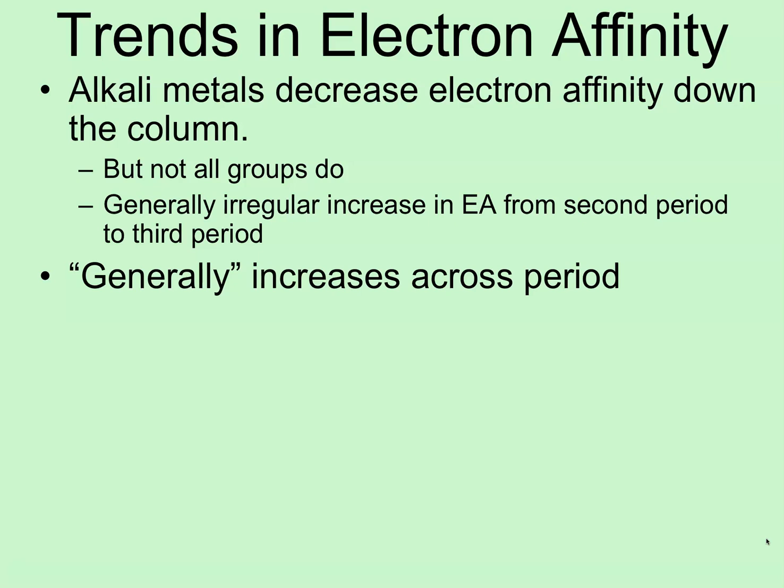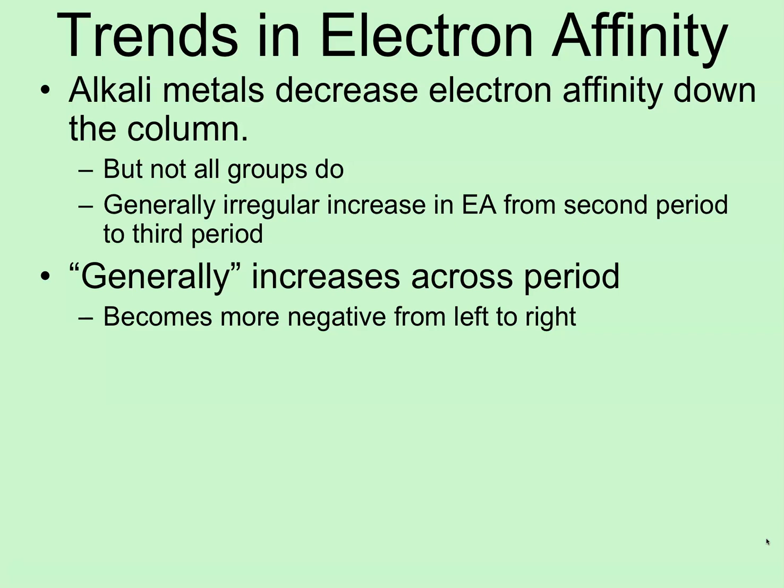Generally, we increase going across a period. Well, size of radius versus strength of nucleus. You go left to right, the radius gets smaller, the nucleus gets larger, there's going to be a greater attraction. The greater the attraction to the electron, the greater the amount of energy that is released in the process.